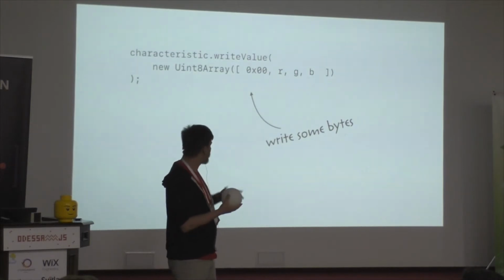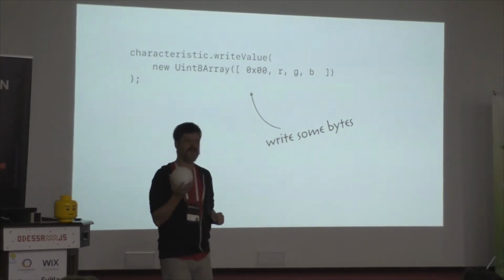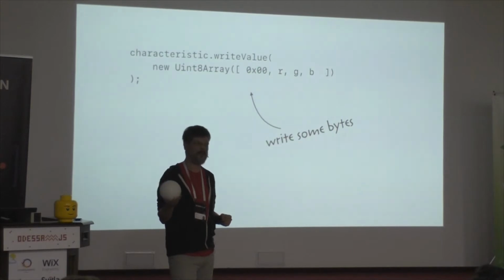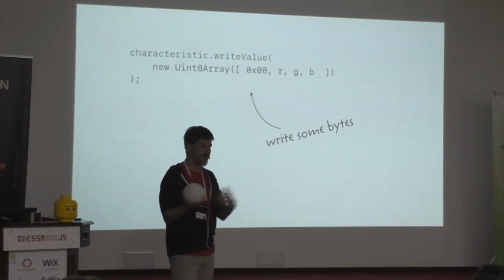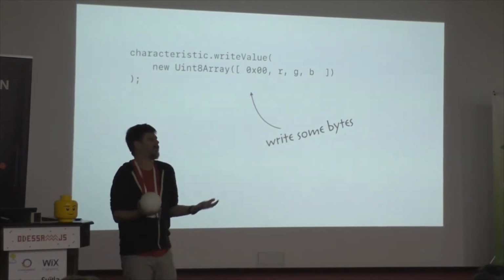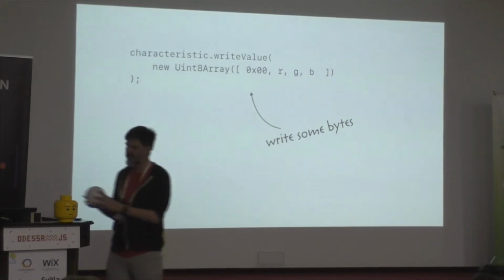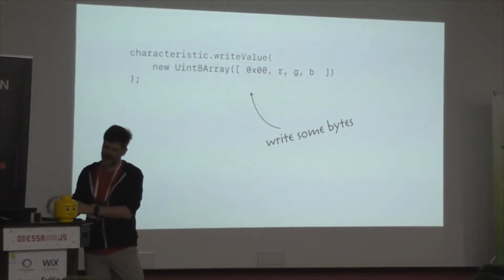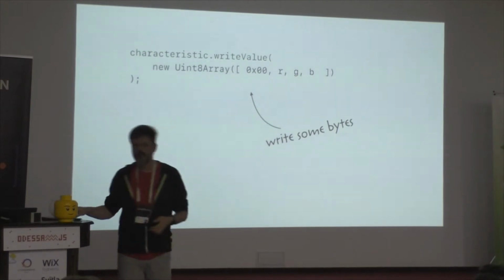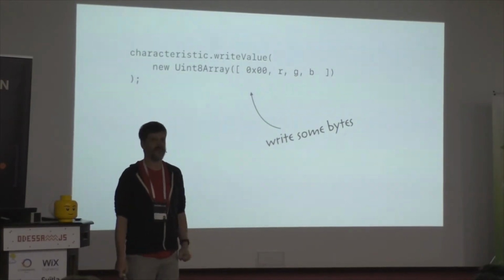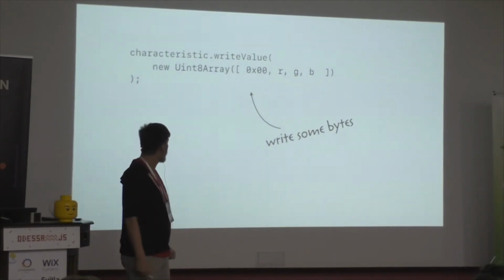And each of these bytes determines the intensity of each of the 4 LEDs. So by combining the intensity, you can basically create every color you want. Okay, we write some bytes, and the light bulb turns into a particular color.